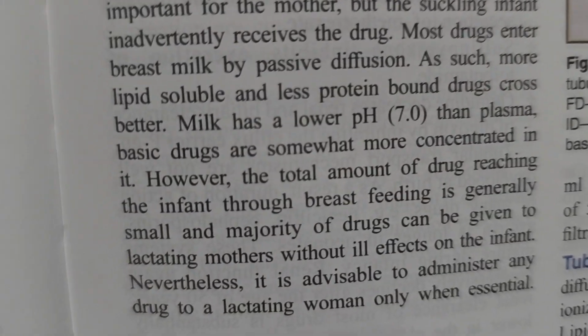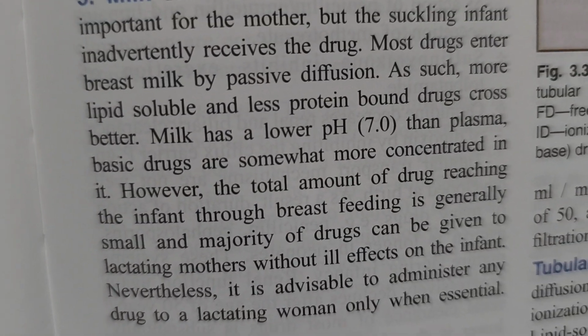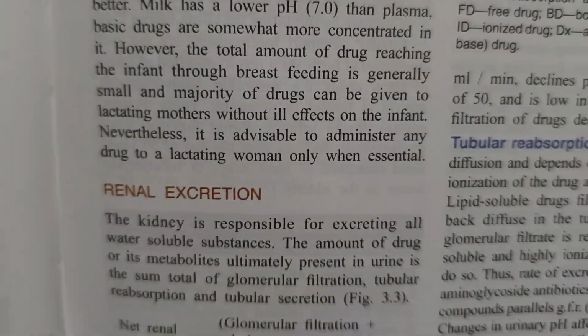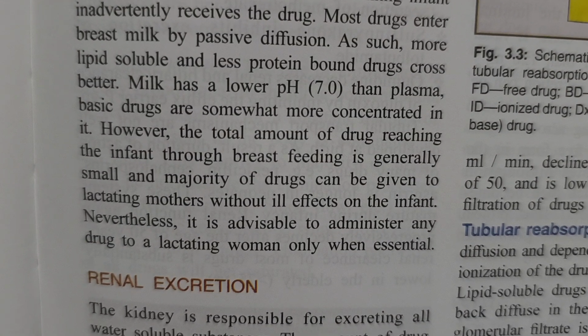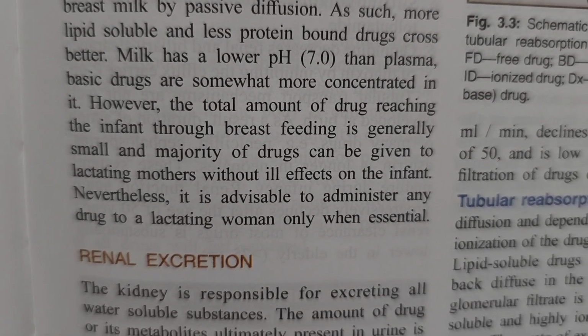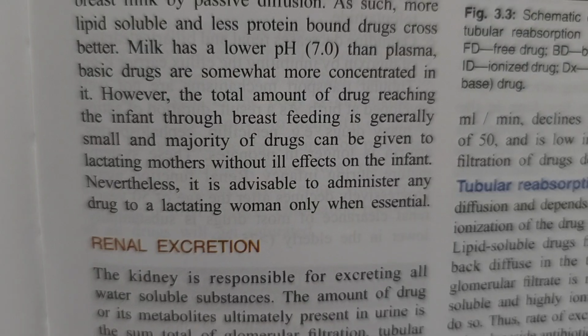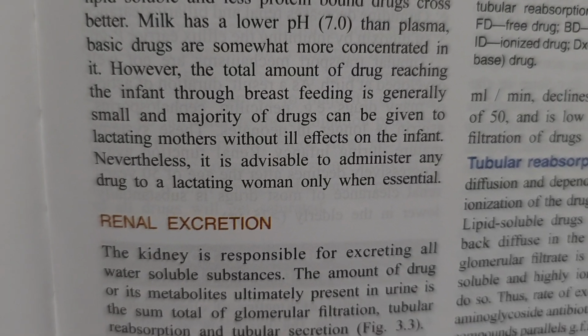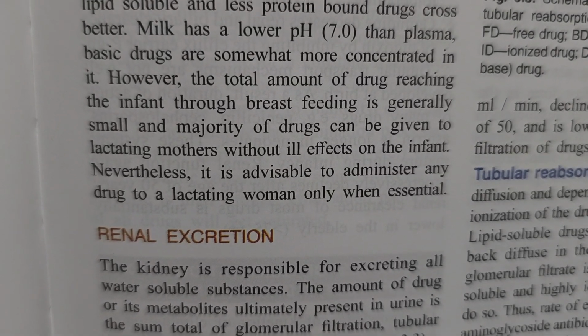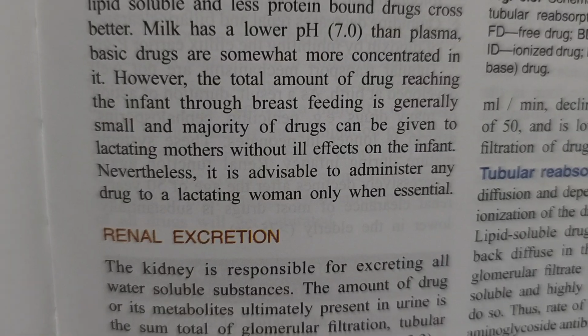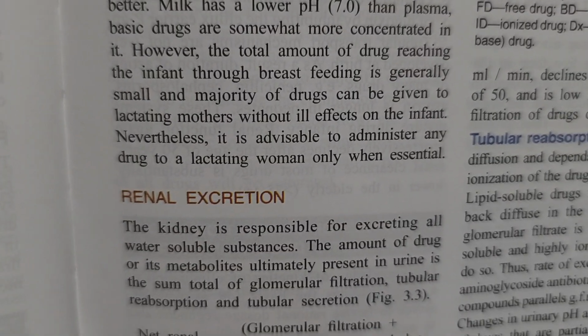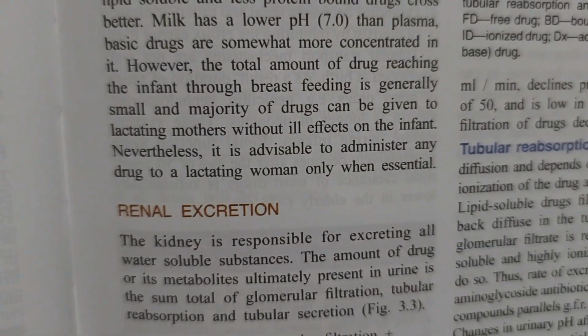Most drugs enter the breast milk by passive diffusion. As such, more lipid soluble and less protein bound drugs cross better. Milk has a lower pH than plasma, so basic drugs are somewhat more concentrated in it.